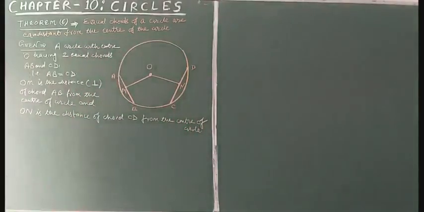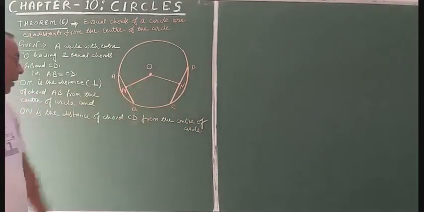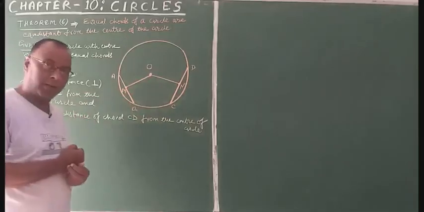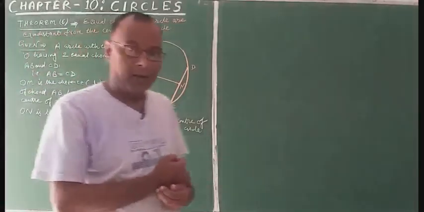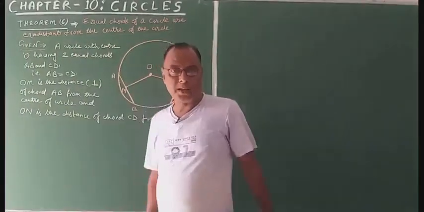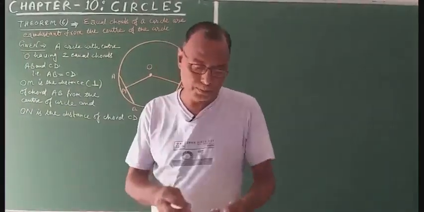Is it there? OM and ON are the distances of the chords AB and CD respectively from the center of the circle O.